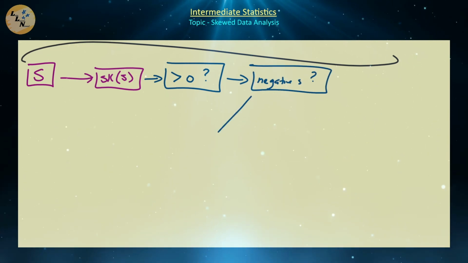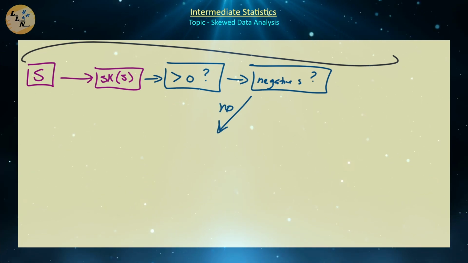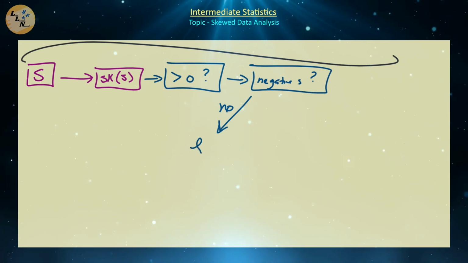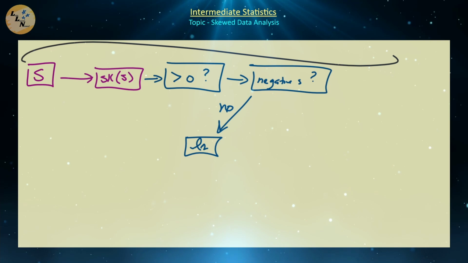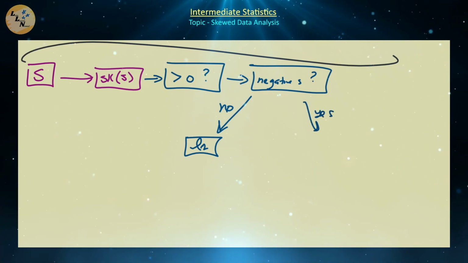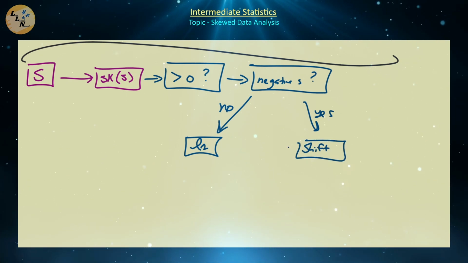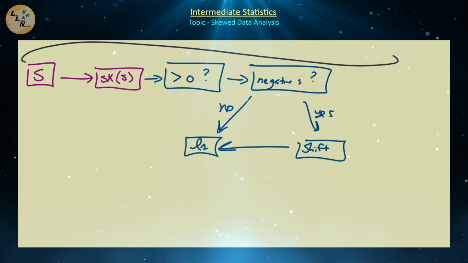If no, then we can just take the natural log of that data set, and that will remove the skewness, and life is good. If it does have negatives, that means we need to perform a shift, and once we perform a shift, then we can take the natural log.